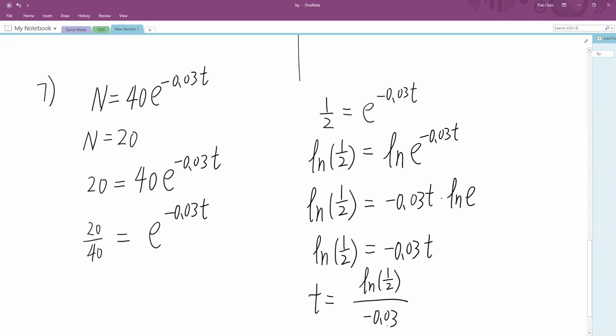We divide by negative 0.03. Okay, so use your calculator. It should be rounded to the whole number, so that means we need the integer. So it should be equal to 23 days. Did you get it? 23 days. So this is number 7.